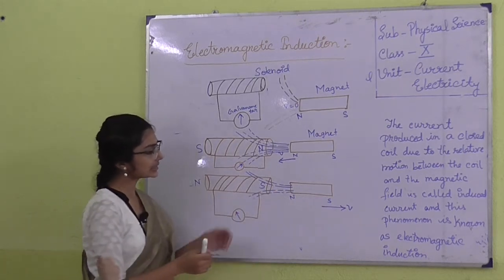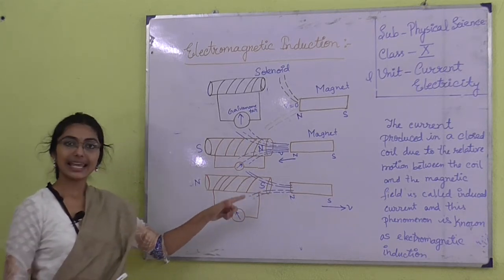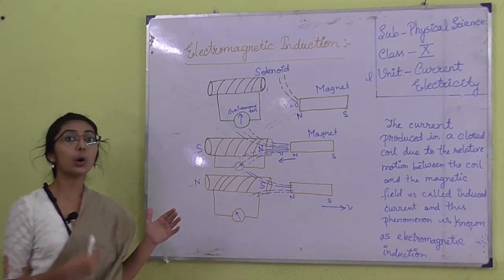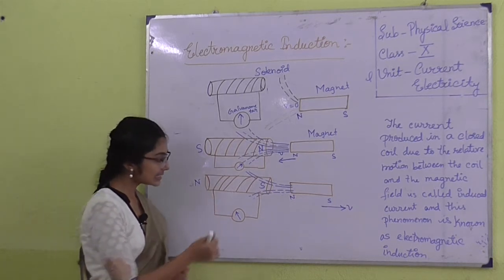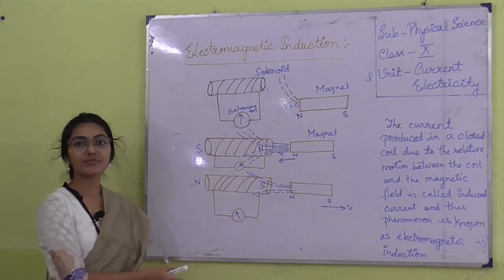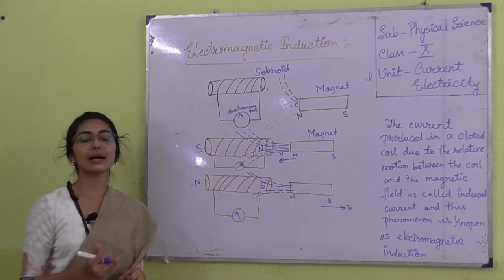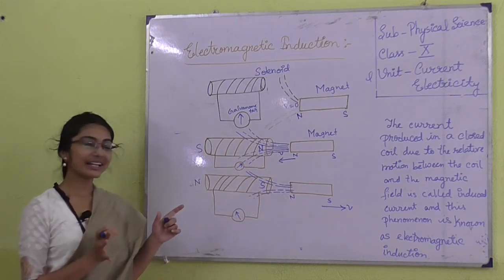So the same amount of opposite pole, S, is generated, and again an EMF is generated, which is also low. That means the force generated inside the solenoid does not have that much capacity to oppose the magnetic field. That's why opposite poles are created.